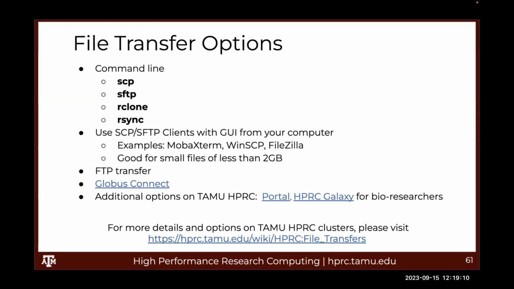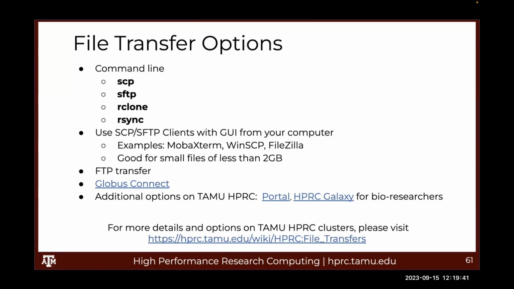All right, so transferring files is another thing that will come up frequently. There are a few different methods of doing this. There's SCP, SFTP, rclone, rsync. There are a number of different GUIs that allow you to do this easily. So MobaXterm, again, allows you to transfer files between your local machine and Grace. WinSCP is another popular one.